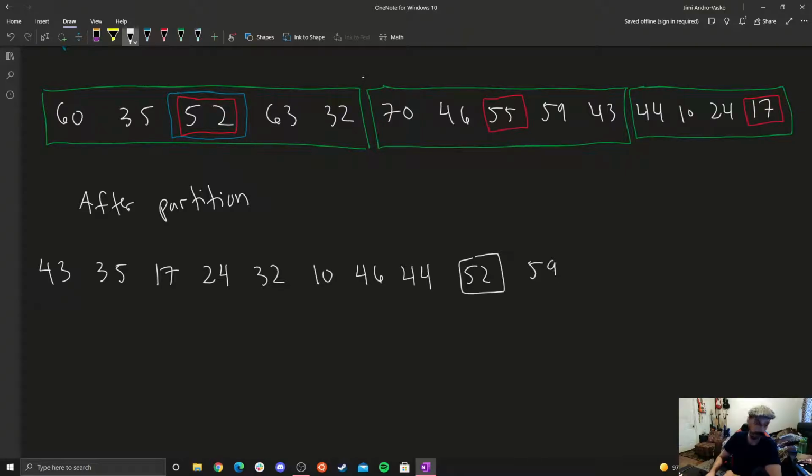Then 59, 55, 70, 63, and 60. I'm guessing at some point, looking at this list, right around where 43 was is where J and I crossed, and then 52 would be swapped with that 43 value, and then we have this list over here.